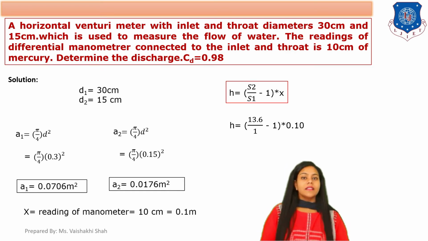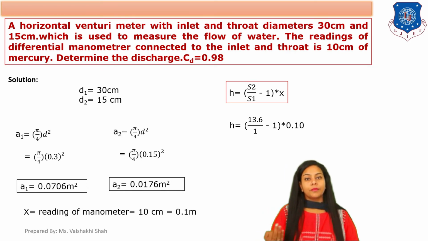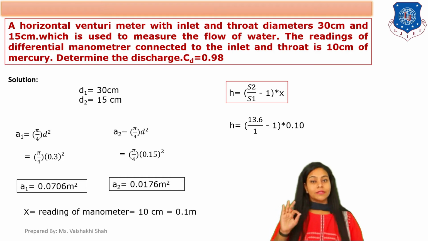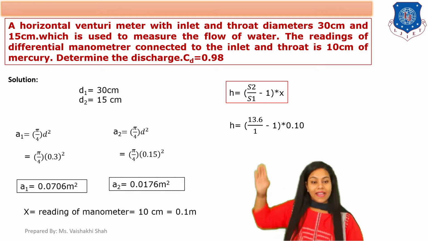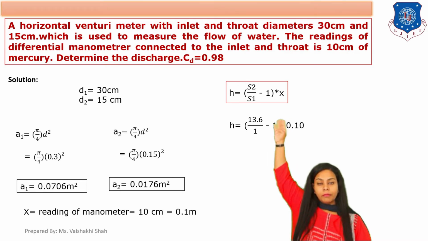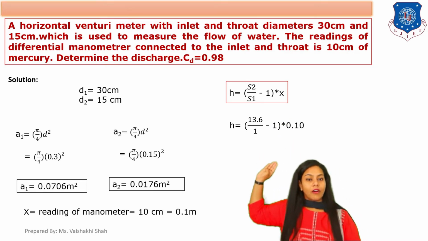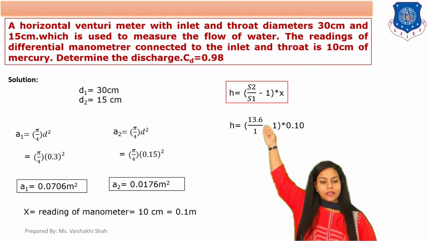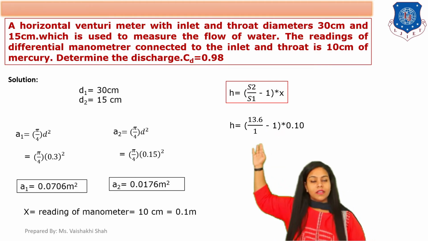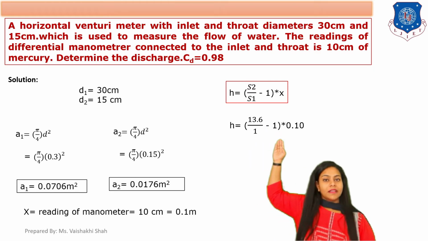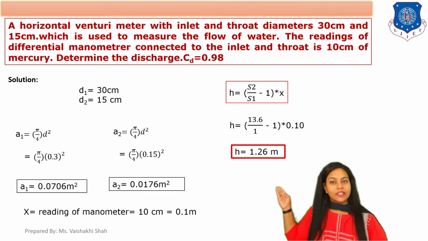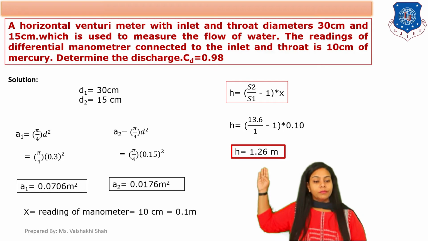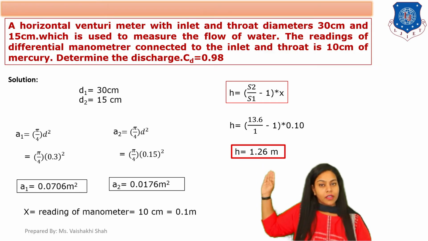If oil is given to you, then S1 equals 0.9. So S1 is the specific gravity of given fluid and X is the reading of manometer. So if we place all the values, S2 is 13.6, S1 is 1, minus 1 into 0.1. So your answer for h is 1.26 meter.